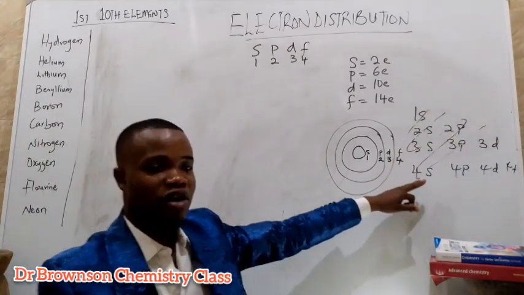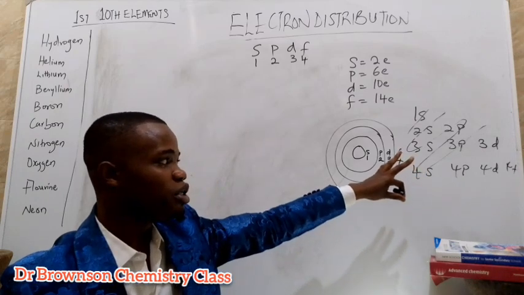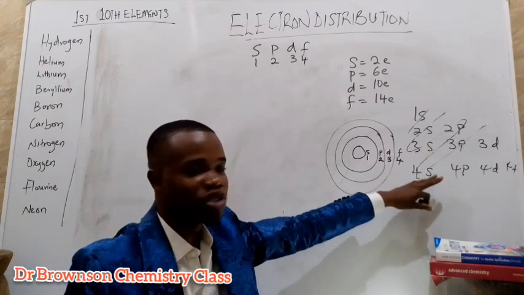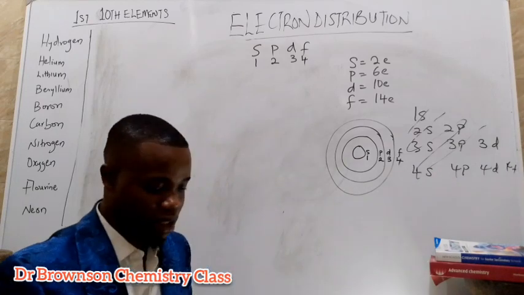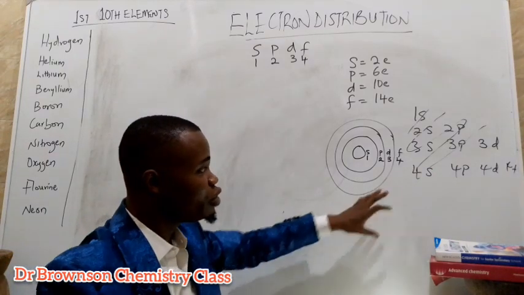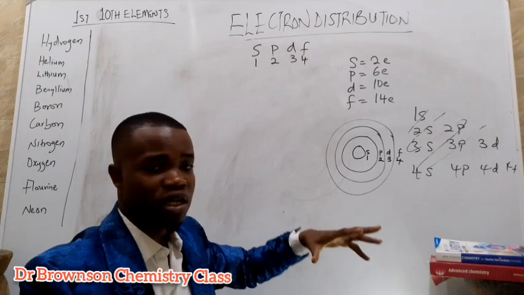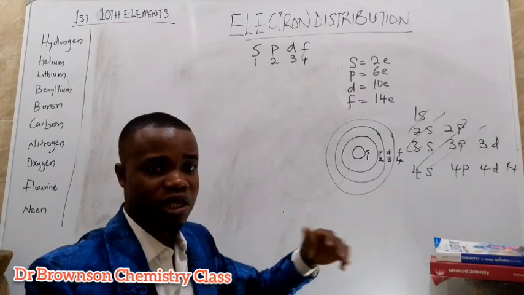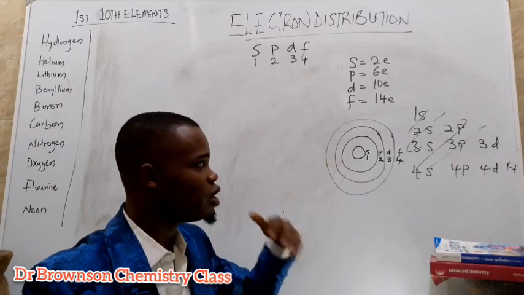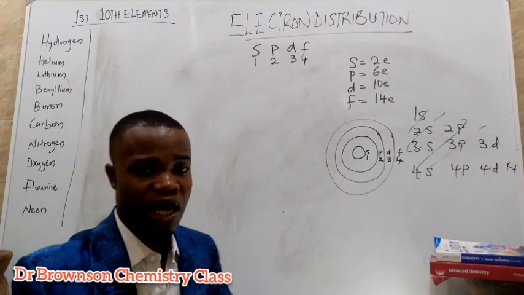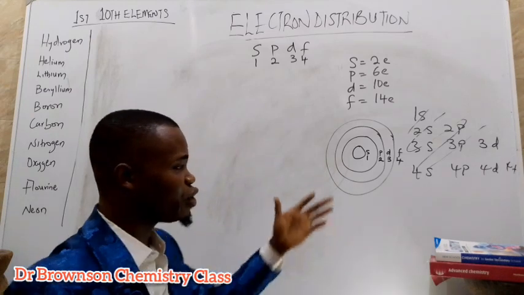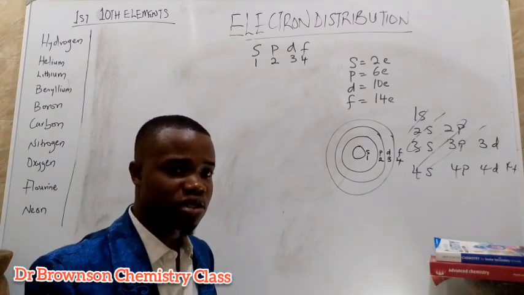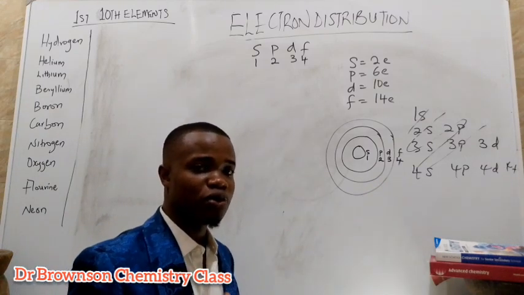But I don't want to use this pattern. I want to teach you an easy step that you can use very quickly in exam, because JAMB is 30 minutes to answer 50 questions. If you're asked to write a configuration of calcium, most times if you do this, you might even make a mistake. So this is the very easy approach for you to use.